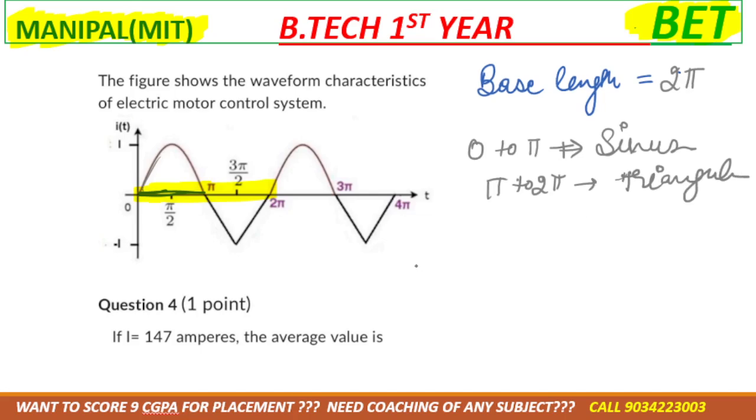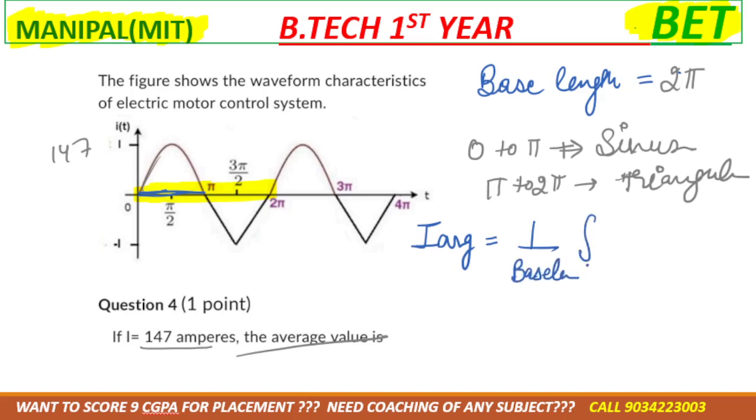If they said that I is 147 ampere, meaning this is 147 ampere, we need to calculate the average value, correct? So what is the formula for the average value? I average is equal to 1 over base length, limit varying from 0 to T, I of t dt, right?